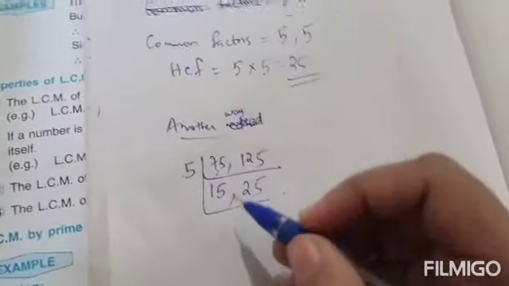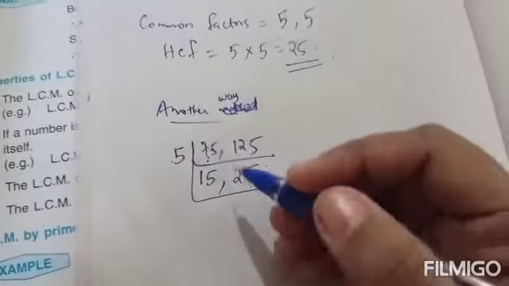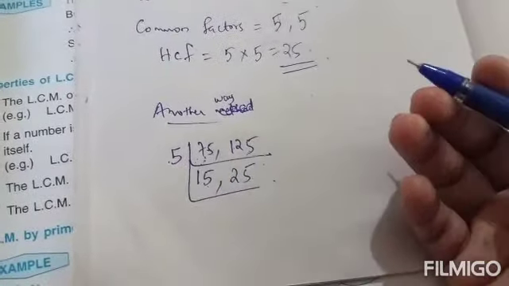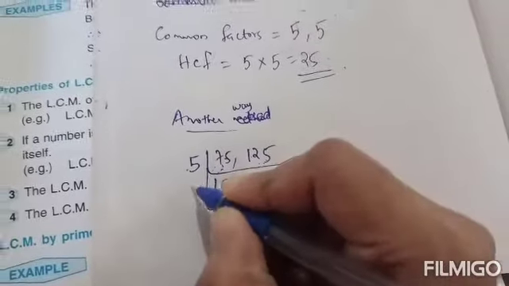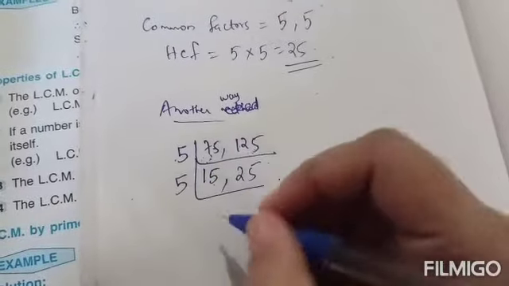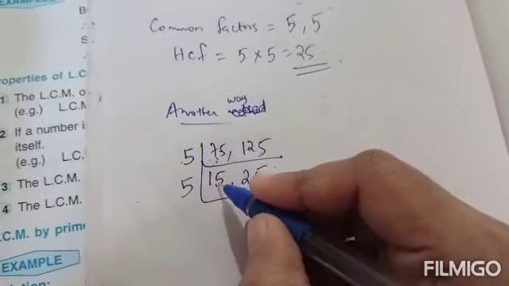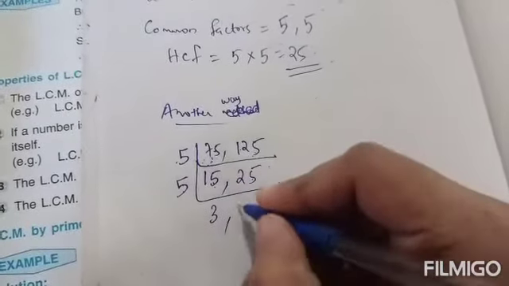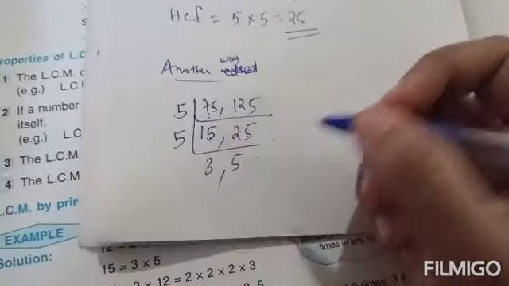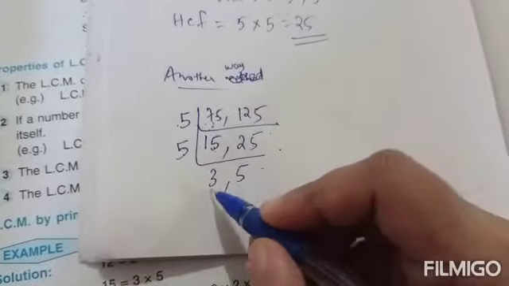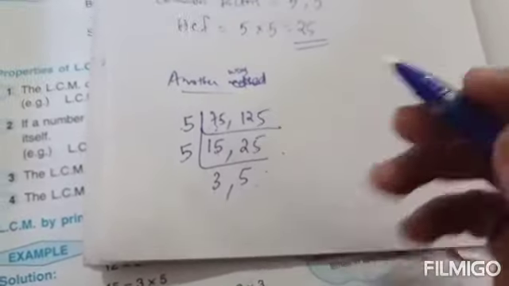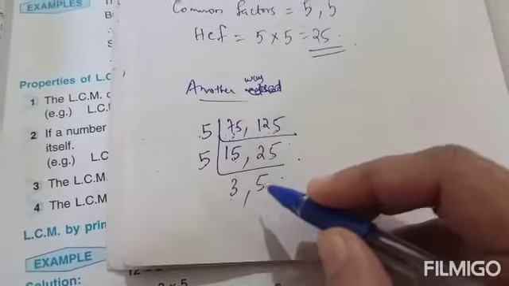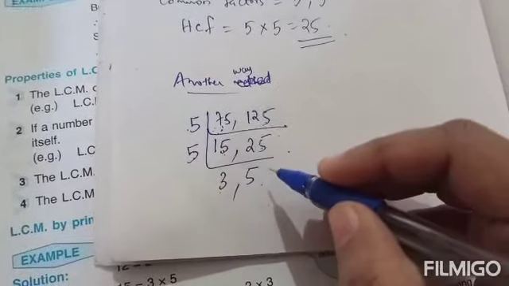Now again, find a prime number with which 15 and 25 are divisible. Okay, so again it is 5 only. So you can divide 15 by 5, that is 3. 25 by 5, you will get 5. Now here 3 and 5 you got. We can't find a prime number with which both 3 and 5 are divisible.